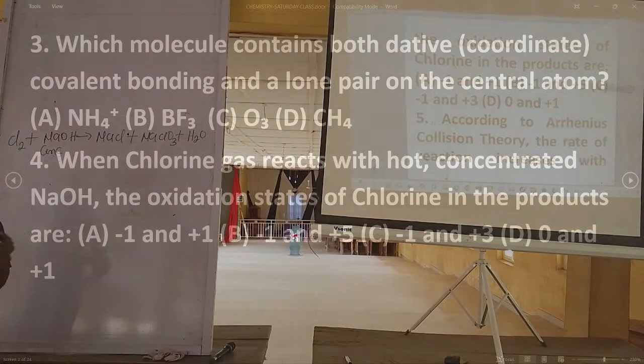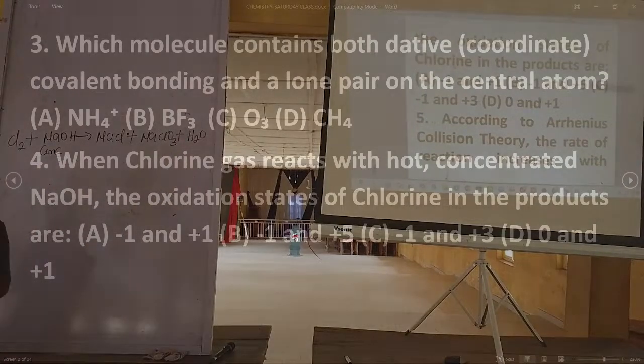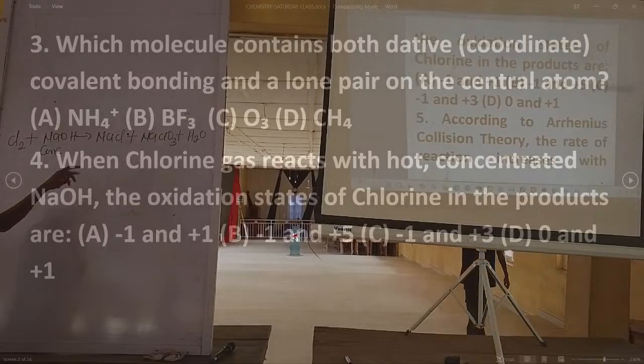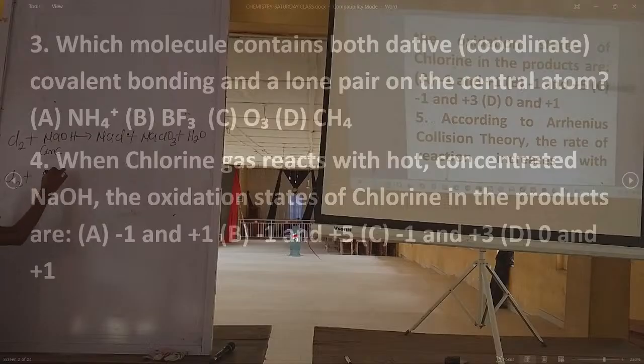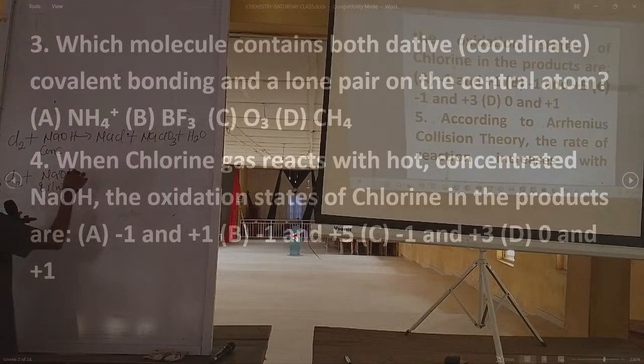Let's look at this. Now, if this particular NaOH is no longer hot concentrated, if it's now cold dilute NaOH, there's going to be a slight difference in the products that we're going to get. This time around, we will still get NaCl.